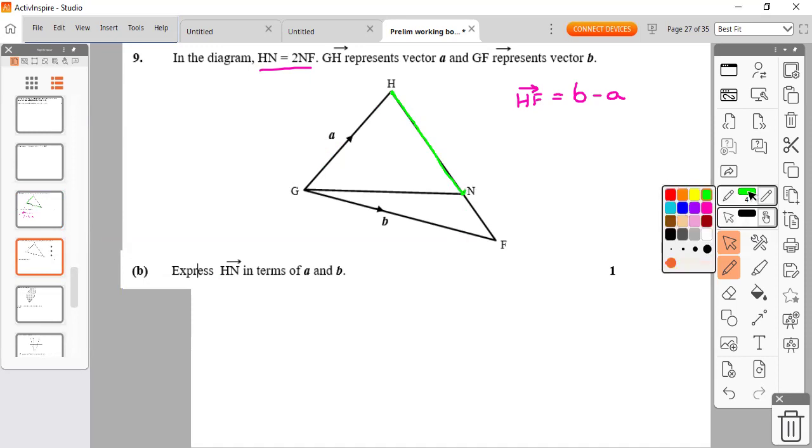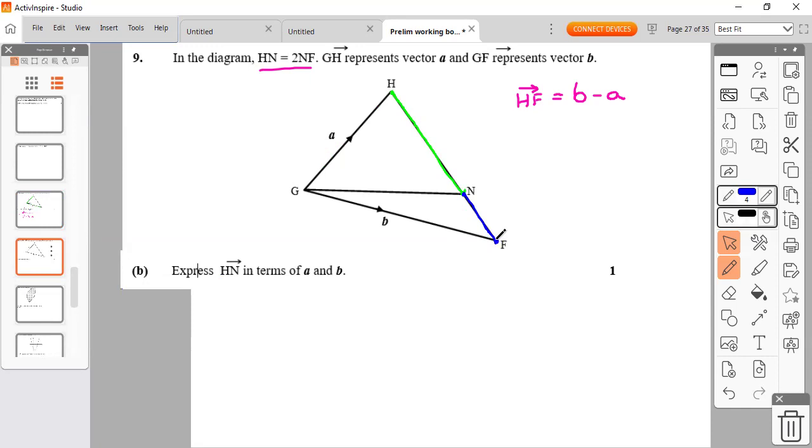We've also got N to F, and that is also a length. So 2 of those blue lengths equals 1 of those green lengths.